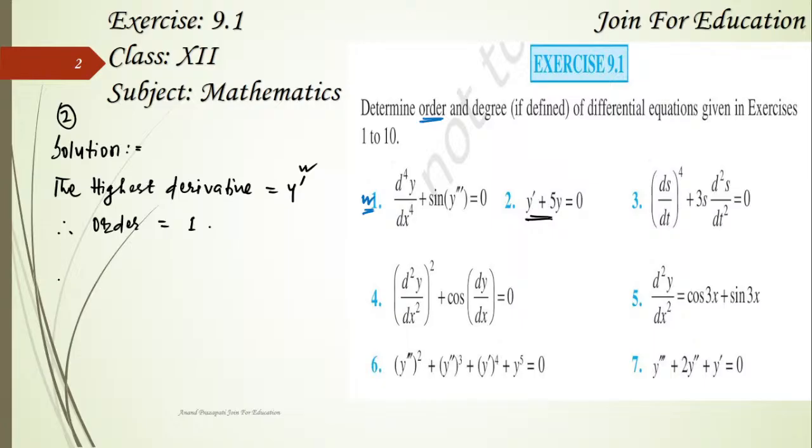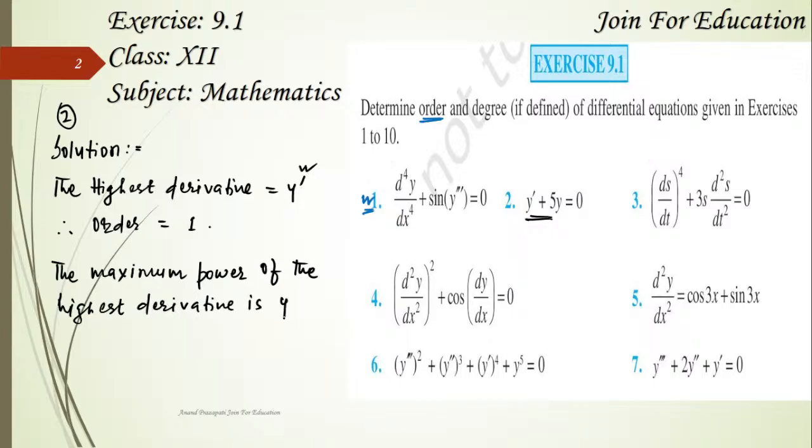So we find out the maximum power of the highest derivative. The maximum power of the highest derivative is here y to the power nothing, it means 1.